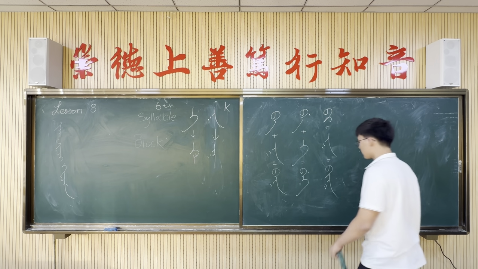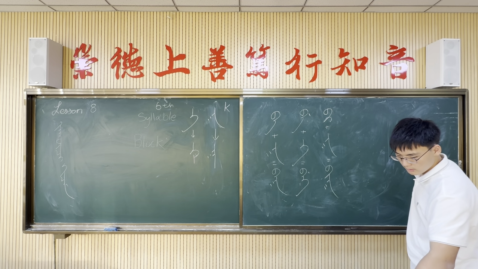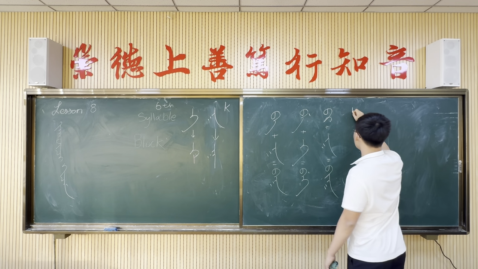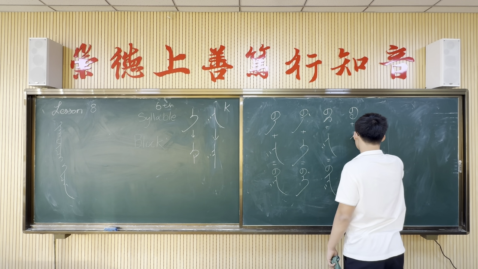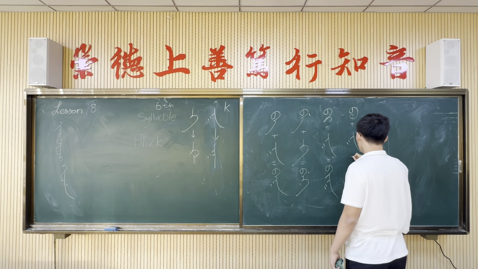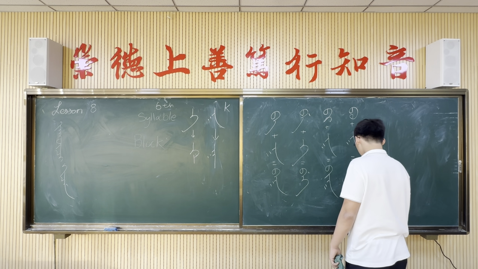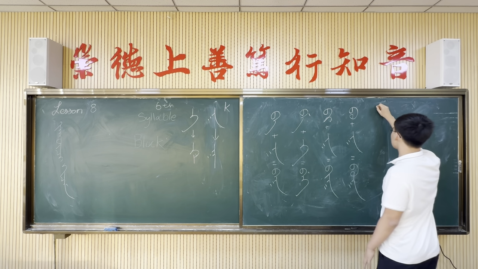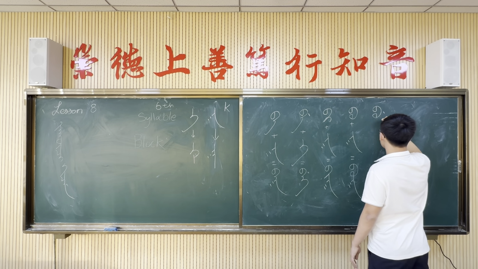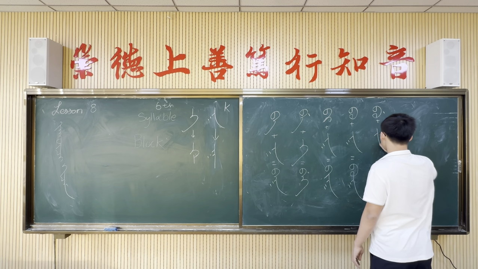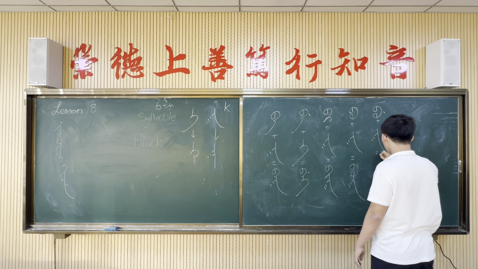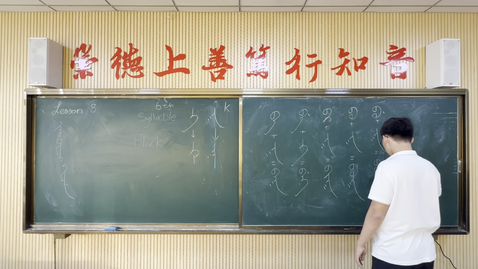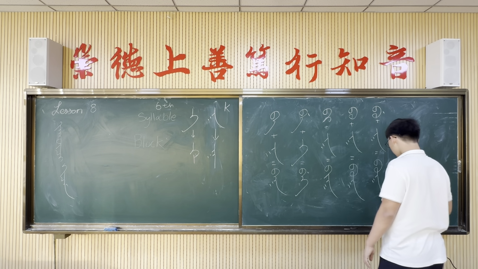Beak. Then you have bo. Bo plus k is bok. Bu plus k is book.